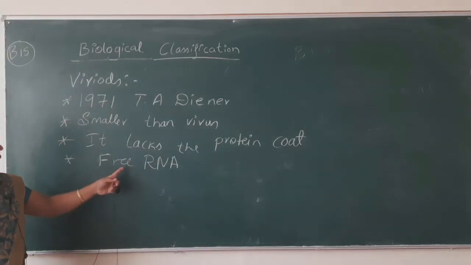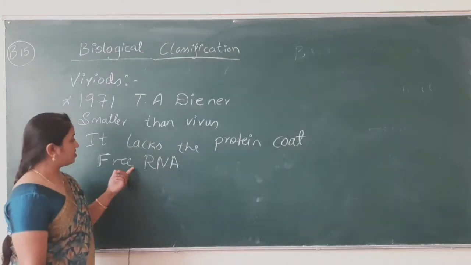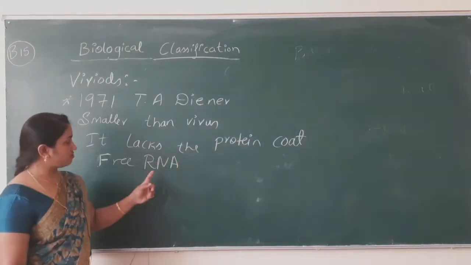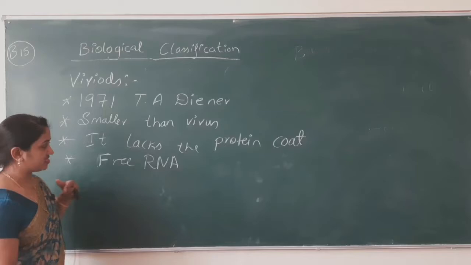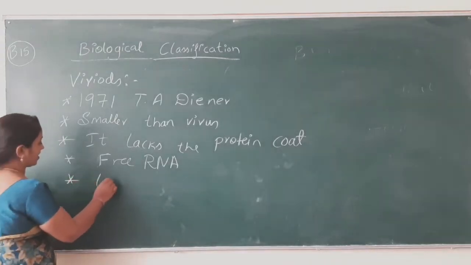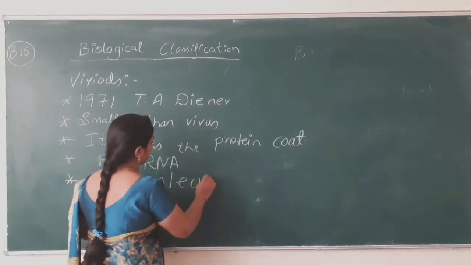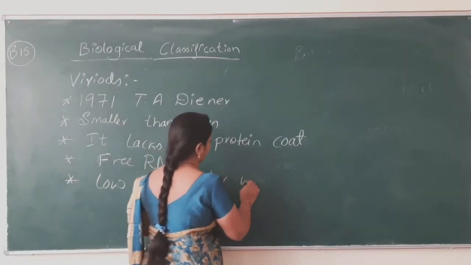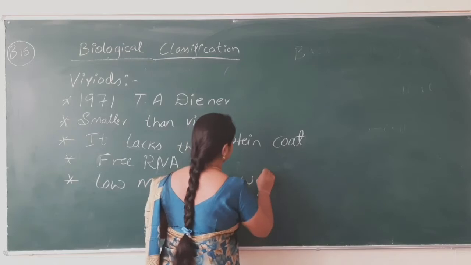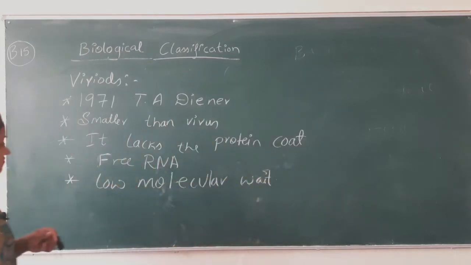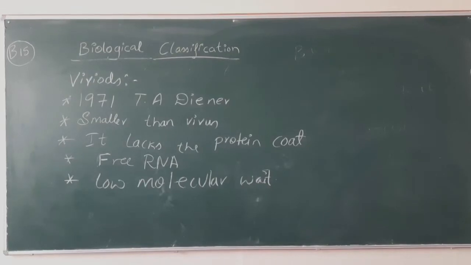Why have I written free RNA here? Because it doesn't have any protein coat, only RNA is present. This RNA has a low molecular weight. So this is also one character you have to remember here.